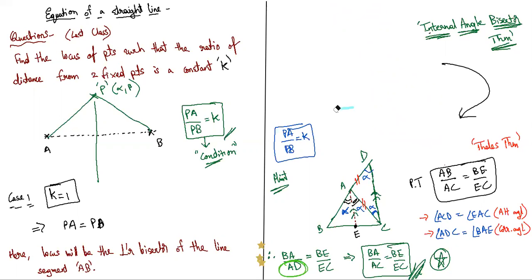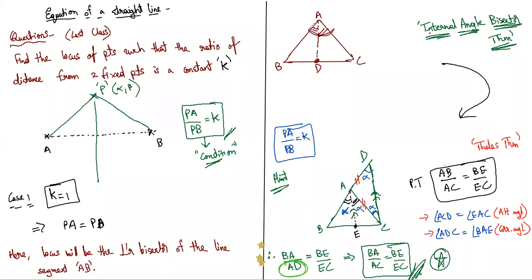First of all, you can write down the internal angle bisector theorem. It states that if you have a triangle, and if you draw the internal angle bisector of that triangle, meeting the opposite side at D, then this internal angle bisector divides the opposite side in the ratio of the sides containing the angle.